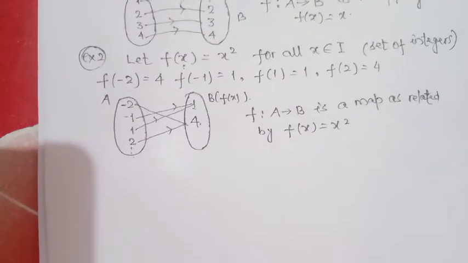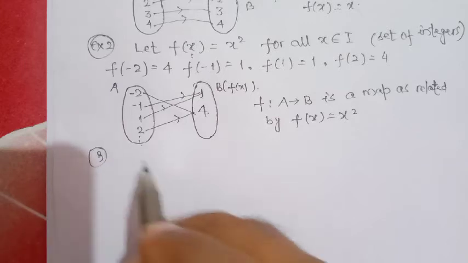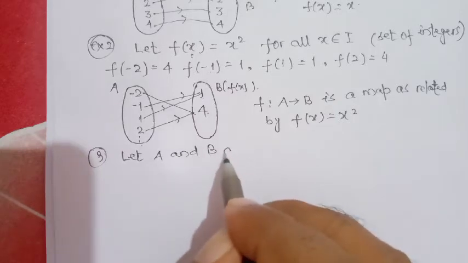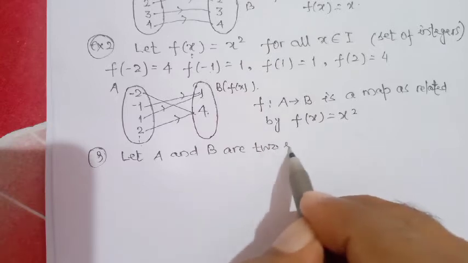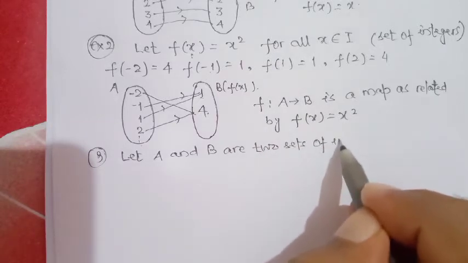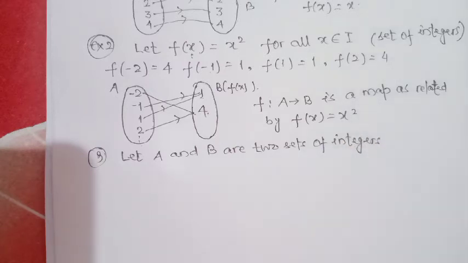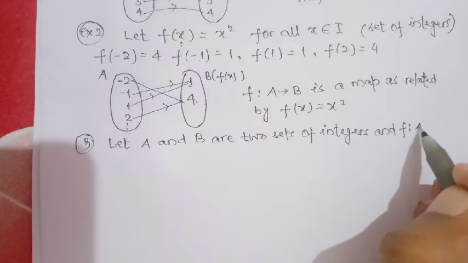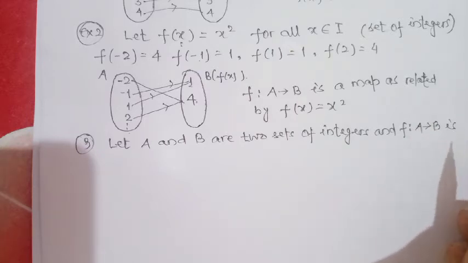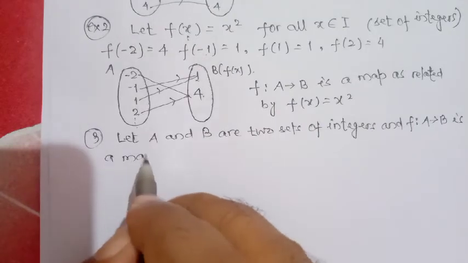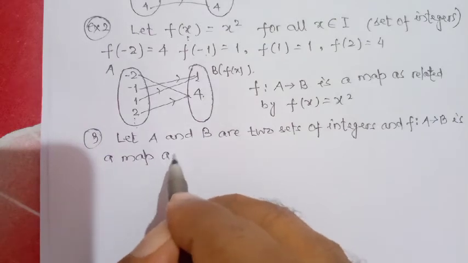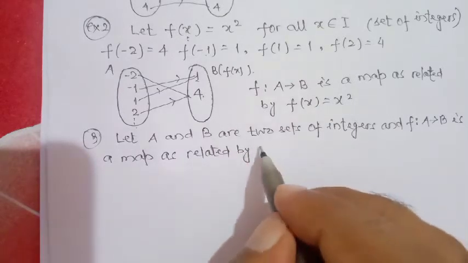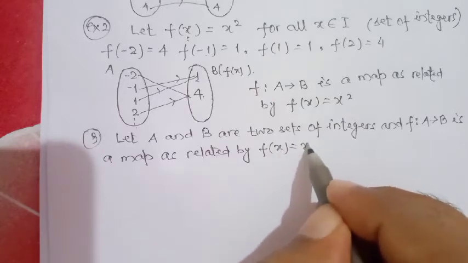Now see one more example. Let A and B be two sets of integers, and let A to B be a map as related by the same example, f(x) is equal to x square.